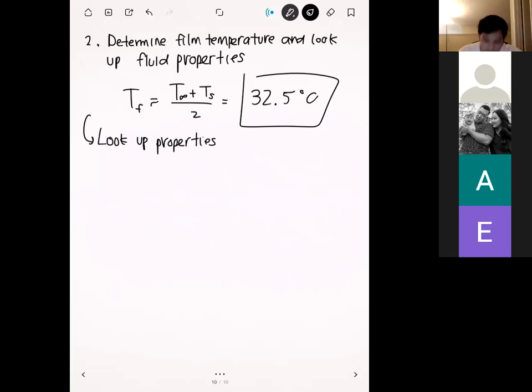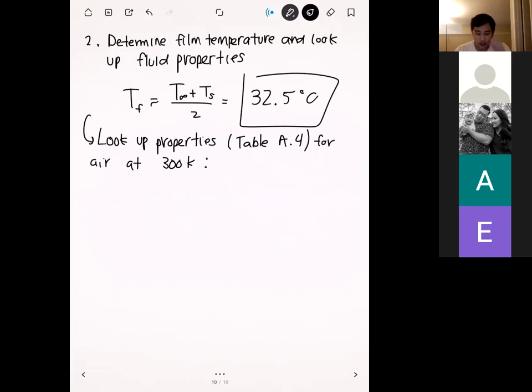And so if you want to use the book table, it is table A.4. The A means that it's in the appendix, so it's kind of near the back of the book. And then what you'll see in that table is that there are different properties for air at different temperatures.